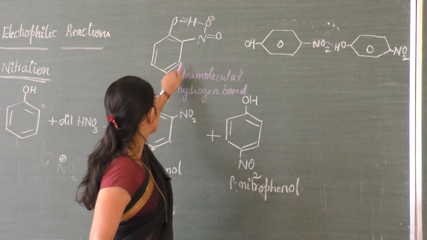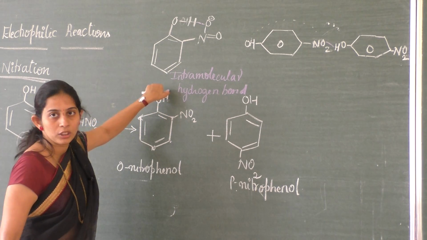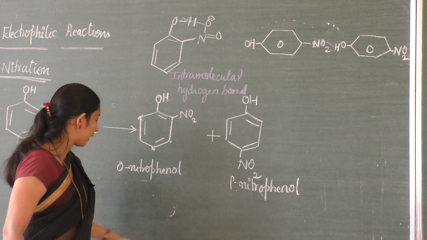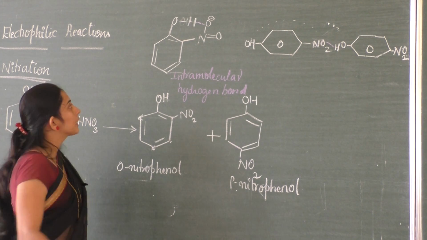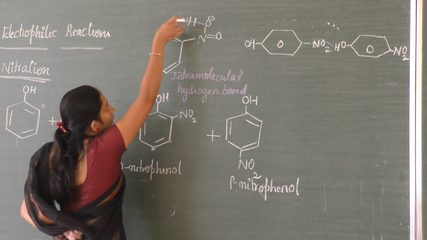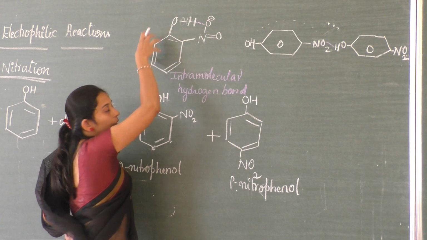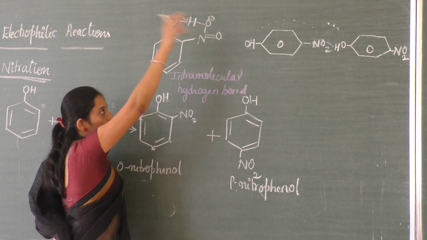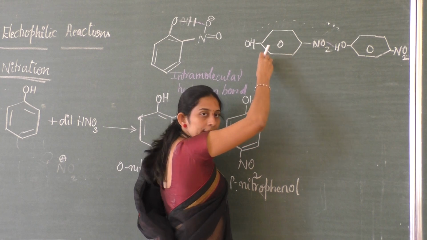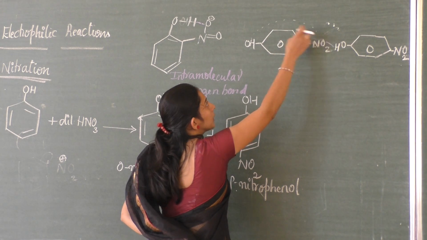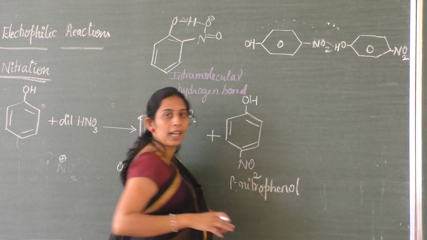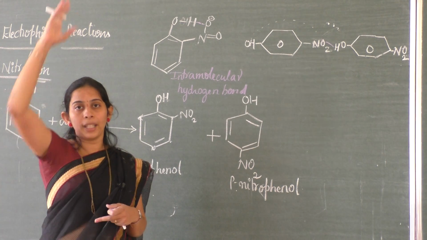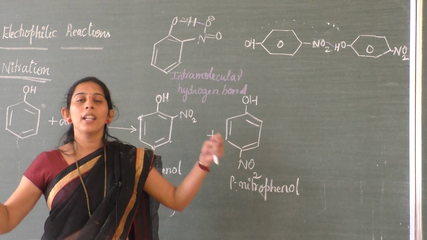Whereas in this case it is intramolecular hydrogen bonding. Why intramolecular? Because the OH and NO2 groups are present in one molecule itself. In paranitrophenol, OH and NO2 are present in a molecule, but this bonding is not possible because they are far apart from one another. One is at the top, one is at the bottom. So bonding is not possible.